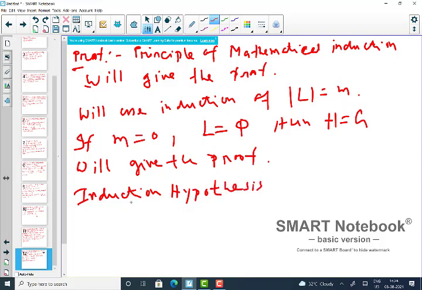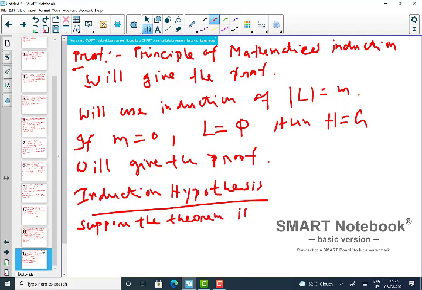So we assume that the theorem is true for some m greater than 0. Okay, for 0 it is obvious, right?